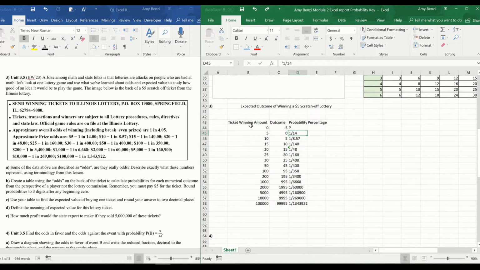Okay? So here I have the amount you scratched on the ticket, the amount you personally won, and then the probability of winning that amount. And I went through and gathered all of that from this data. And yes, it takes a long time. It's aggravating.